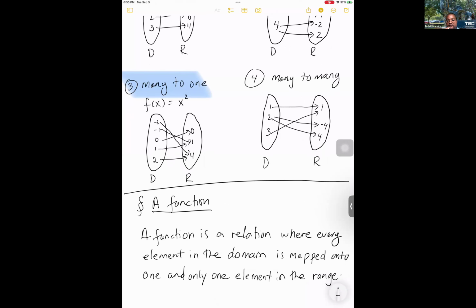Booyah, as they say. Aren't you guys excited? You now know what a function is.